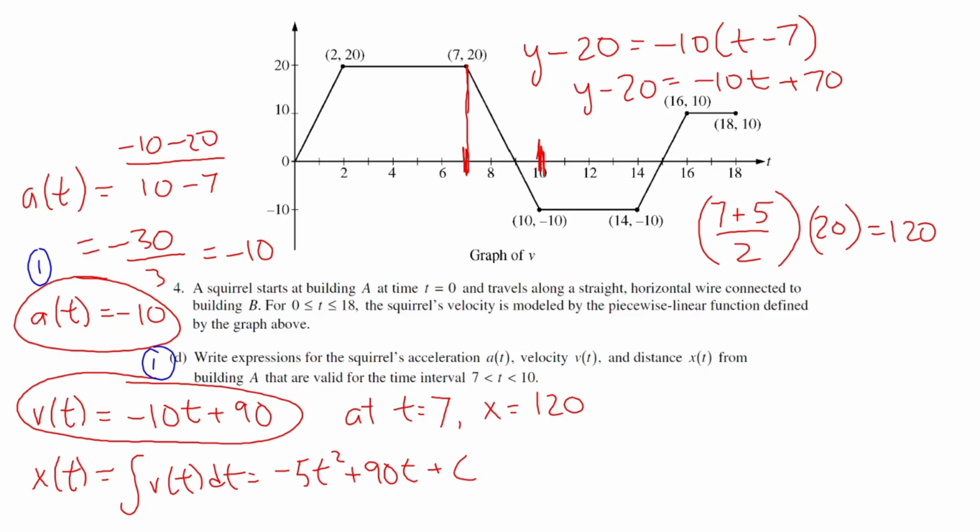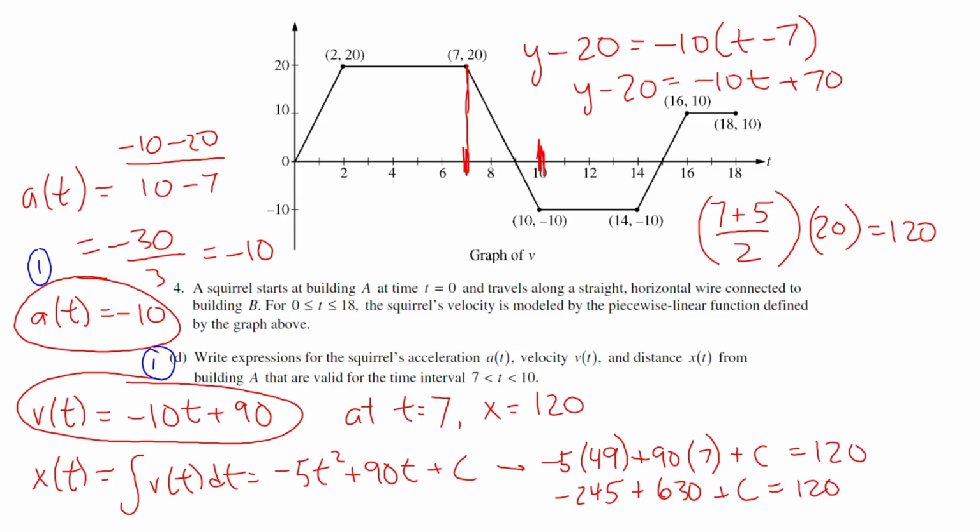So we can plug that in to find that constant. So we'll end up with negative 5 times 7 squared, which is 49, plus 90 times 7, plus c is equal to 120. And then, well, negative 5 times 49, and that's just negative 245. And then we have plus 630 plus c equals 120.